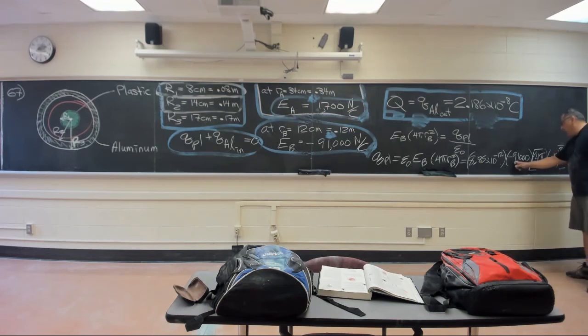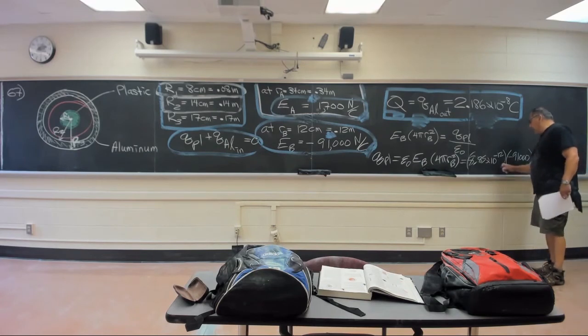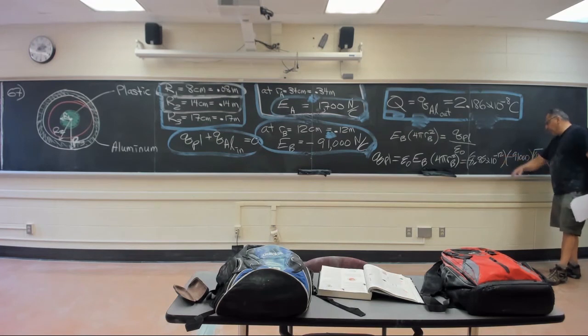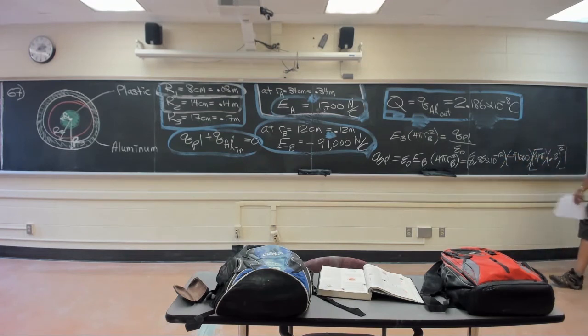This is 9.1 times 10 to the fourth. 10 to the positive 4 times 10 to the negative 12 is 10 to the negative 8. 9.1 times this, we'll say it's about 80. 80 times 10 to the negative 8 times 4, 320. Times pi, that's 1,000 times 10 to the negative 8, which is 1 times 10 to the negative 5.